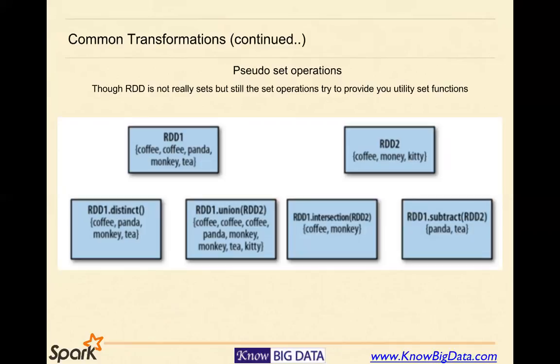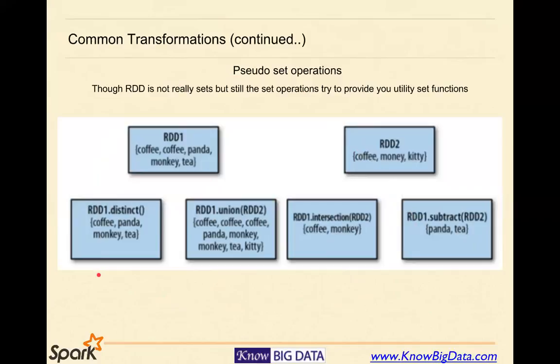Why? Because in a set operation, each individual value should be unique, with no duplicates, but here it is okay to have duplicates. It provides you functions like distinct, union, intersection, and subtract.